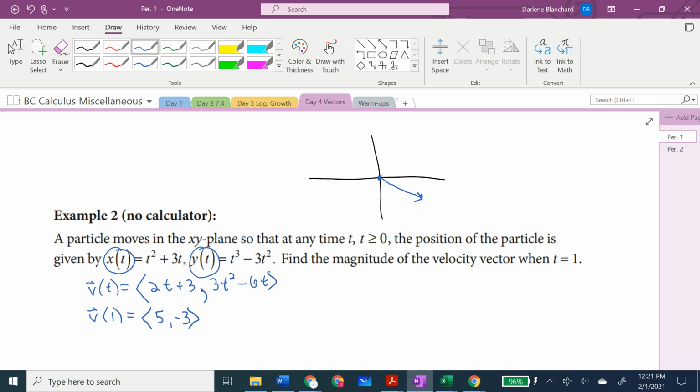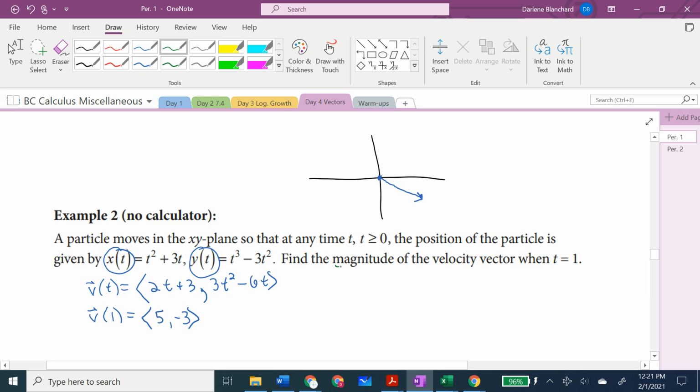All we need to do to find the length of this vector is pull out what theorem? Pythagorean theorem.